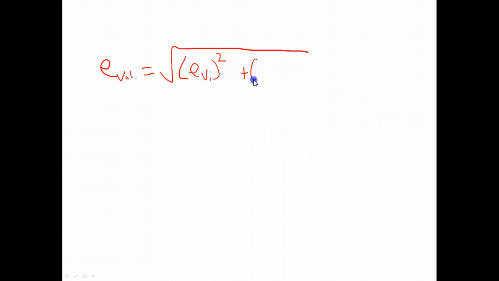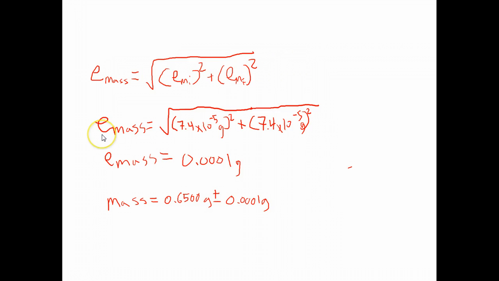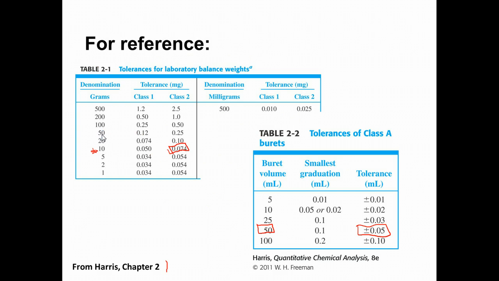Let me do it again. Error for volume equals the error for volume from the initial reading squared plus the error of the volume for our final reading squared as well. In both cases we're looking at milliliters, and we're looking at 0.05 milliliters.